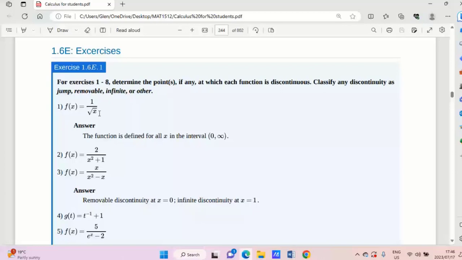Lerato. Yes, I'm listening. Question number 1. Do you see the words in bold above the question? Yes, I see them. It says determine the point or points, if any, at which each function is discontinuous.